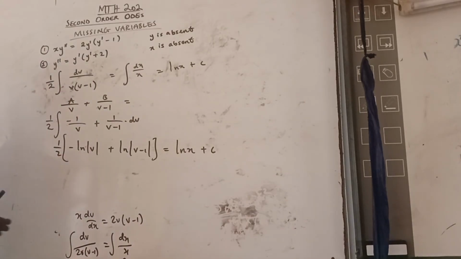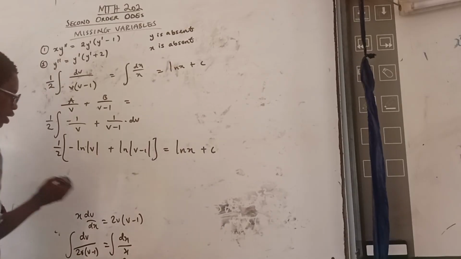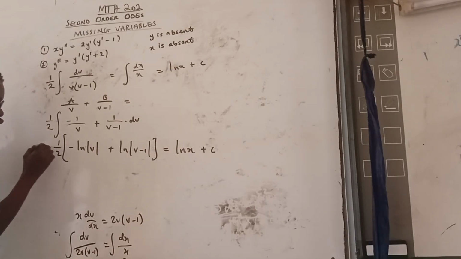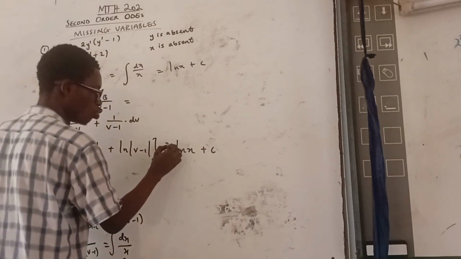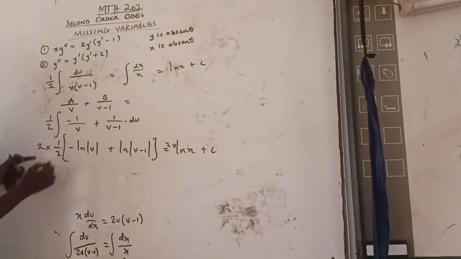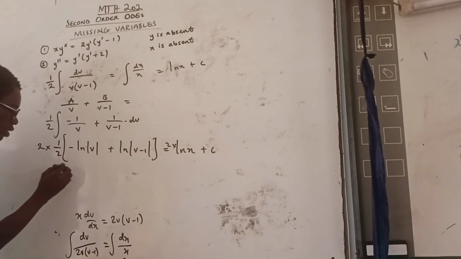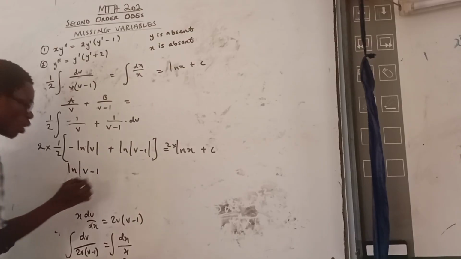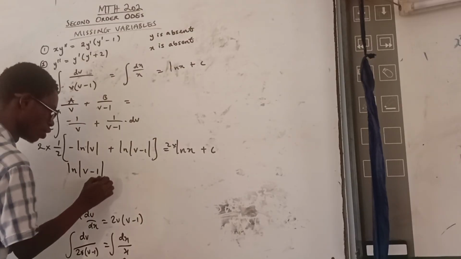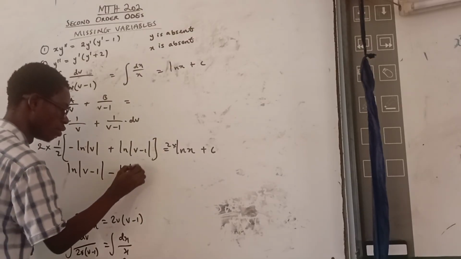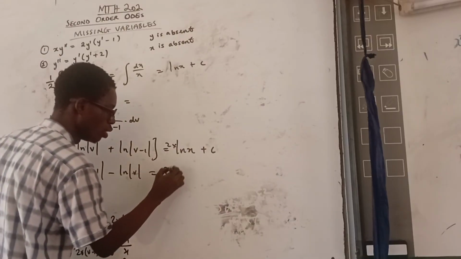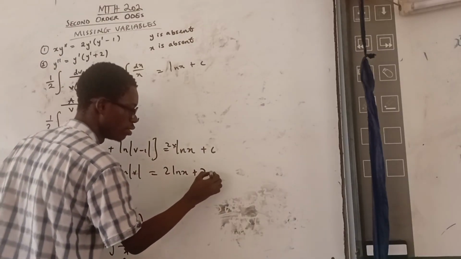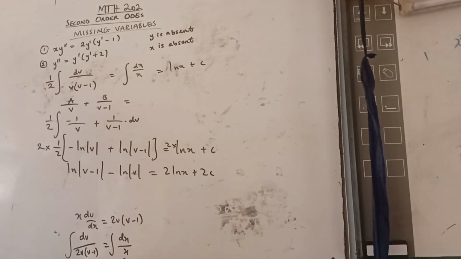Now let us multiply by 2, since everything here owns this 2. So we have 2 times this side equals 2 times this side. We cancel out the 2 here, and I can rearrange this and say ln (v minus 1) minus ln v equals 2 ln x plus 2c.